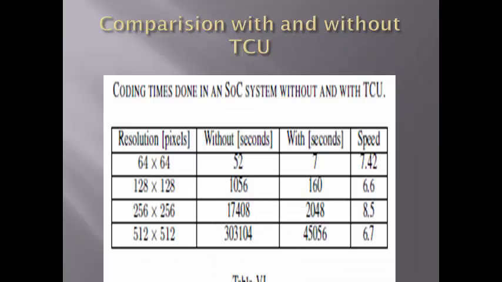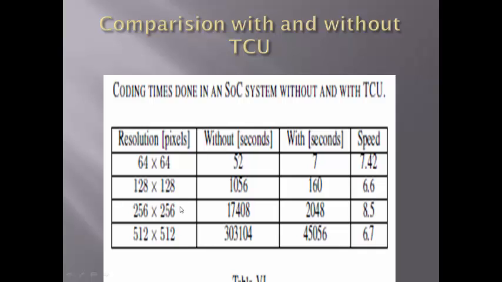So here we are going to see the comparison with and without the transformation and comparison unit. Here a table is given without and with the TCU. As we can see in the results, the performance of coding an image using the fractal image compression algorithm improved substantially by integrating a hardware component into the application.